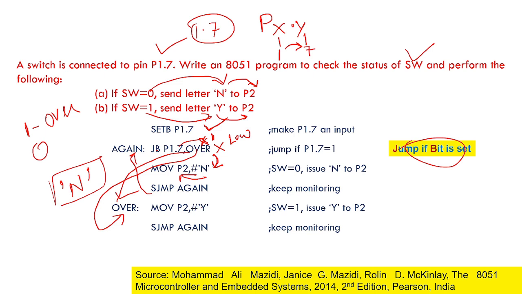With the inverted comma I'm sending this character, so it will be displayed. While processing, it is converted into the equivalent ASCII code of this character. Then short jump again. So every time it will come and check. If 1.7 is 1, it will go to the over label. If no, it will skip that instruction and go to the next instruction. So this is the logic in this program.